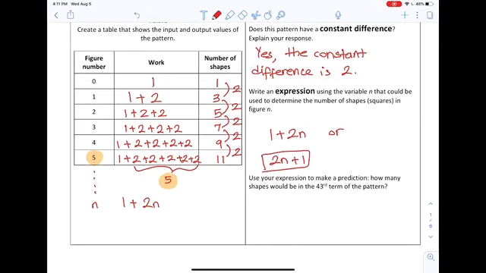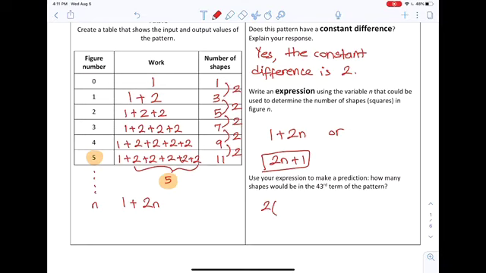Use your expression to make a prediction. How many shapes would be in the 43rd term of the pattern? I'm going to use the expression 2n plus 1 to find how many shapes are in figure 43.